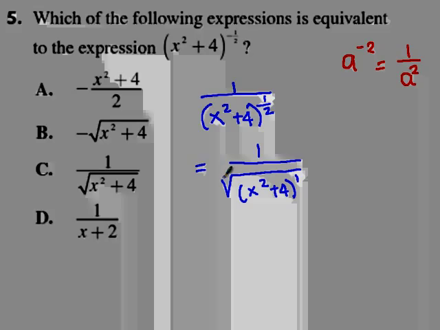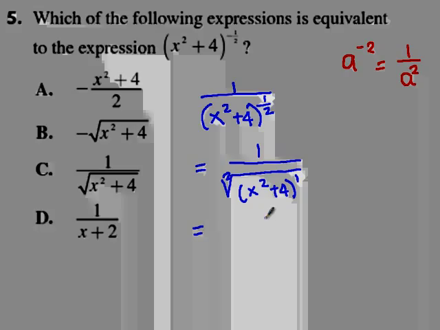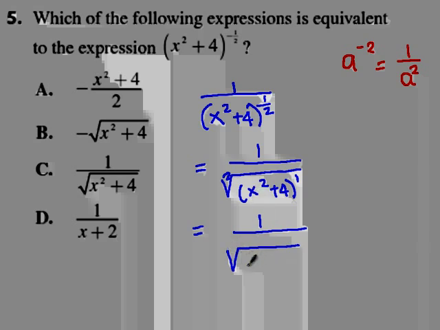It's 2. You can still write 2, but when the index is 2, we simply write that as 1 over, instead of putting the index 2, it's already understood, so we just copy X squared plus 4, because this expression is raised to 1, so we can just remove the grouping symbol. And that's letter C.